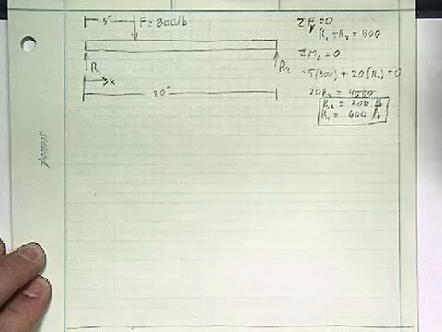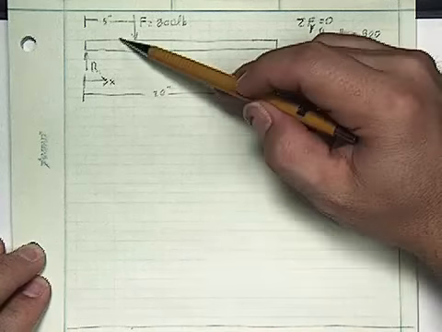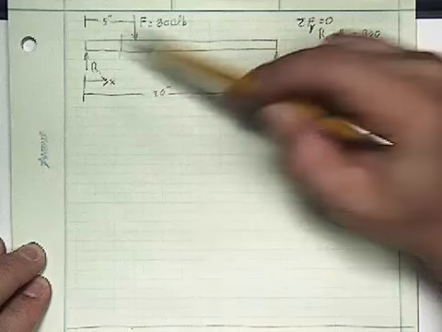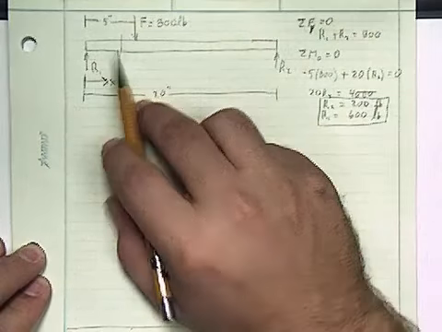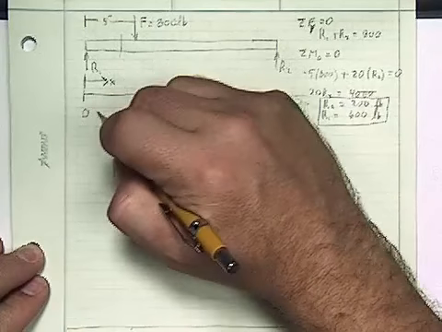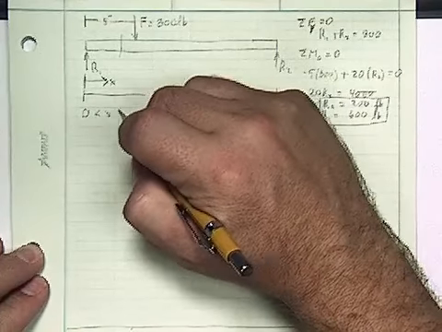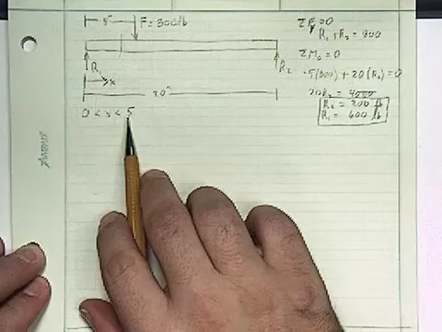Alright, now that I have that, what happens if I were to break the beam right here? So let's consider that where I'm breaking it, we're going to call it X, and what we're considering right now is when X is between 0 and 5 inches.